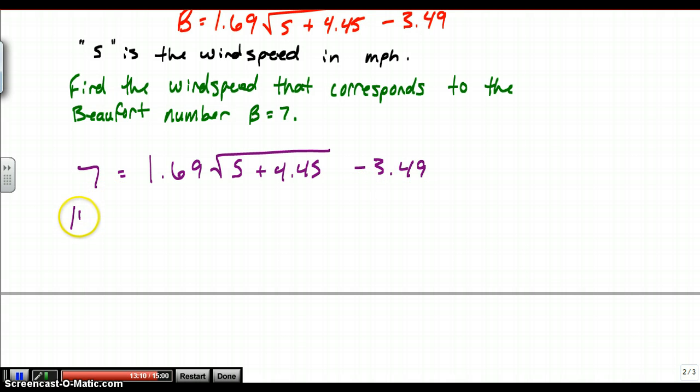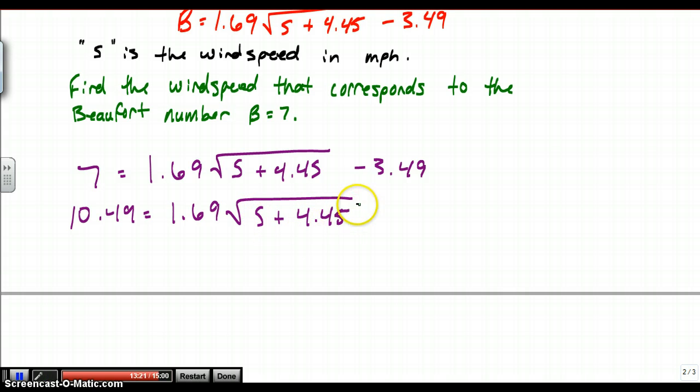So this becomes 10.49 equals 1.69 times the square root of S plus 4.45. And we want to get this radical by itself. So we're going to divide both sides by 1.69.